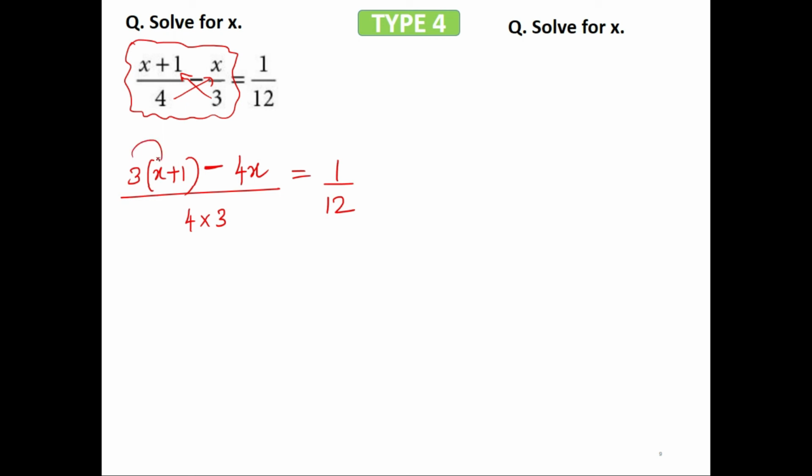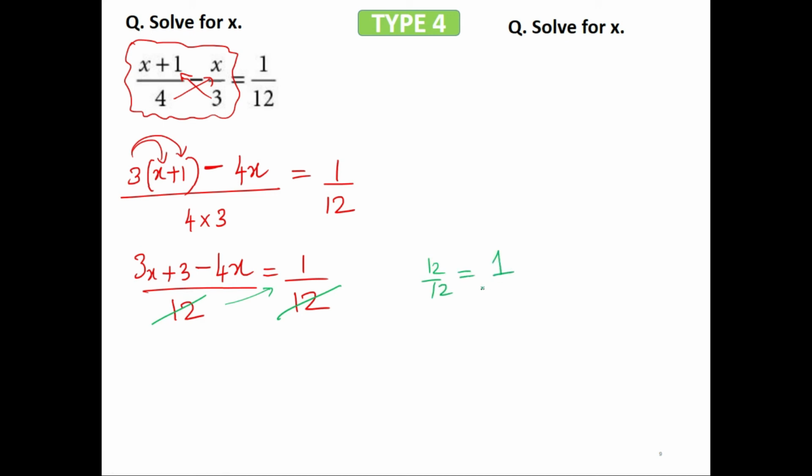Expanding the brackets, 3x plus 3 minus 4x over 12 is equal to 1 over 12. Now I have 12 in the denominator here and 12 in the denominator here, so I'll just cancel them. Or to clarify, when 12 goes to this part, it's 12 divided by 12, which is again a 1.